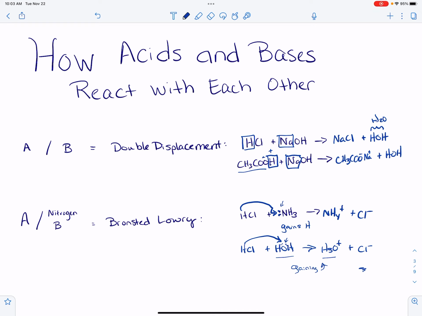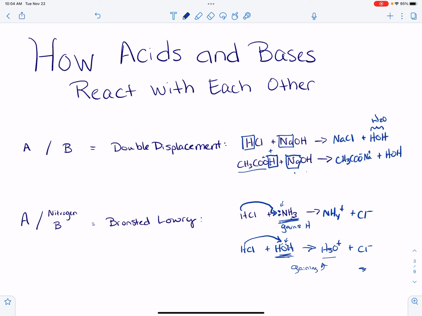Well, basically, if one of the things in it isn't an obvious positive and negative, like NH3, because that's a covalent species right there, or like the H isn't in front. And then anything with water is going to be doing this accepting, dropping off business.